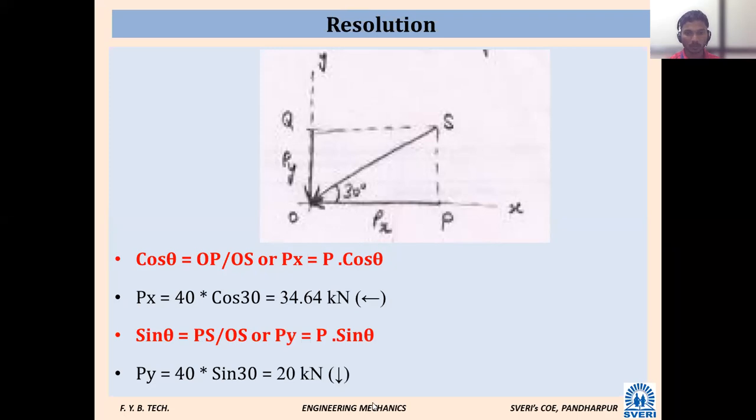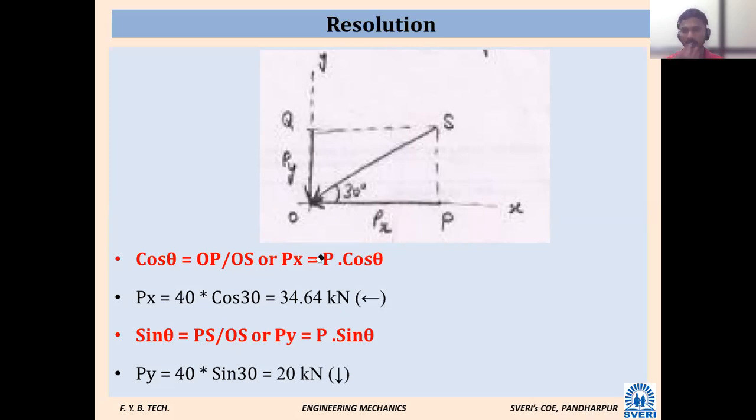What was the question I was asking? Whether I have to show this arrow or sign. What is shown here? Arrow is shown. Choice is yours, whether you want to show arrow or sign. I have suggested you to go for sign, not arrow. If the problem is simple, it is okay with arrow.